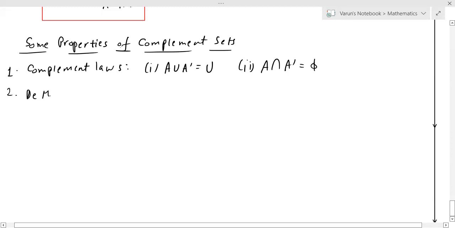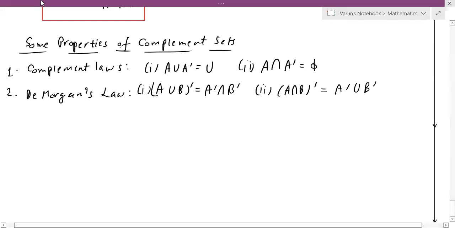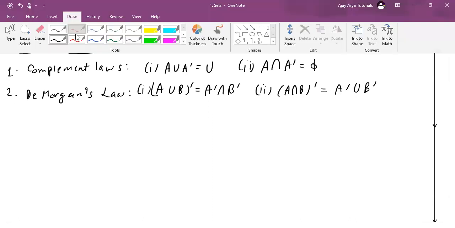Second one is De Morgan's law, which we just verified in the past question. De Morgan's law is (A union B) complement is equal to A complement intersection B complement, and (A intersection B) complement is equal to A complement union B complement. So this one you can mark as important.